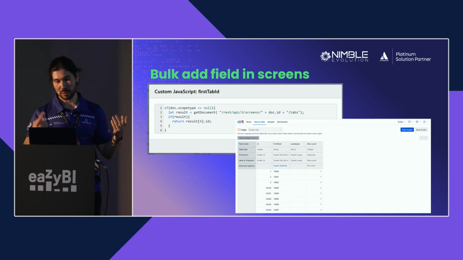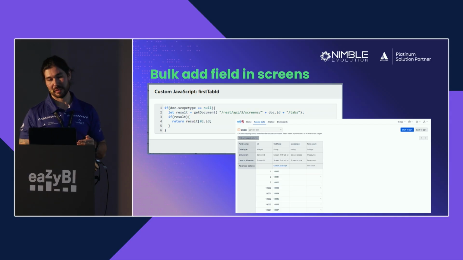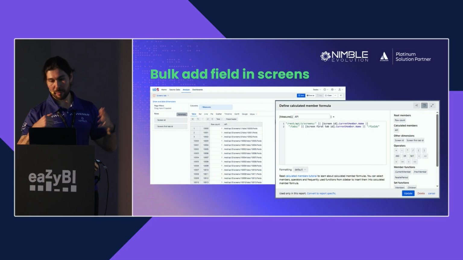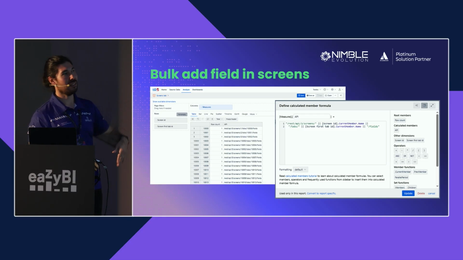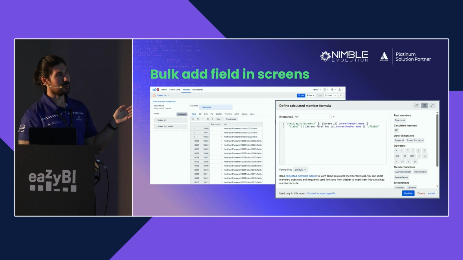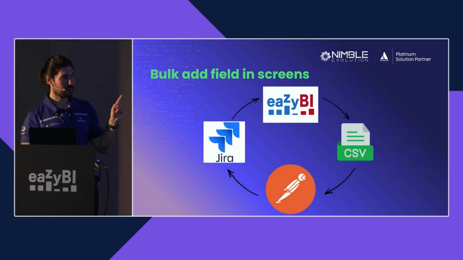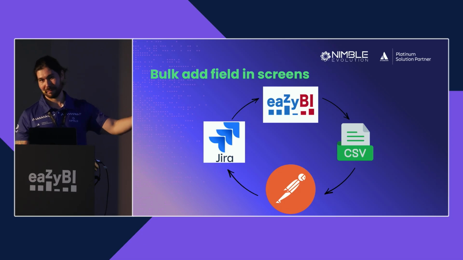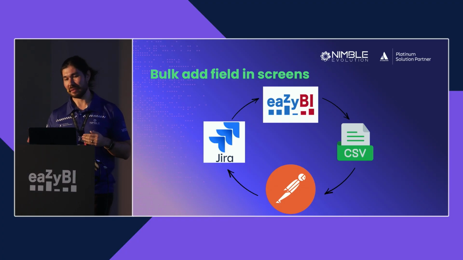We just needed one tab to do it, and so now we have the IDs of the screens and the first tab ID to import, and then just for being easier, we have created another column to concatenate this information, because we exported that data and used Postman to do multiple post requests, one for each screen with the tab ID.